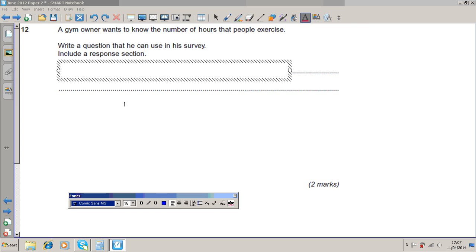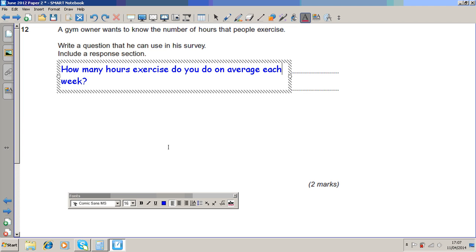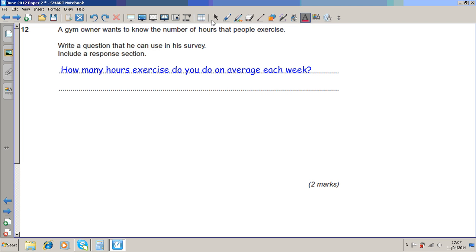So questions, obviously it might be slightly different to this, but something along the lines of: how many hours exercise do you do on average each week? I think it's probably worth putting in there. Okay, so there's this question.